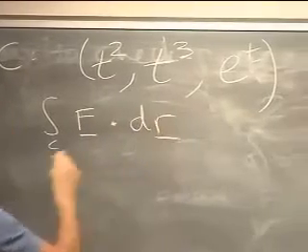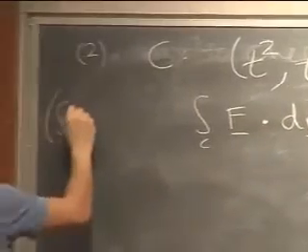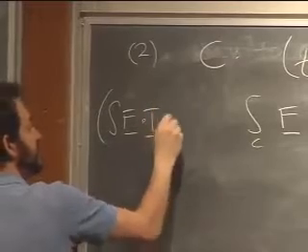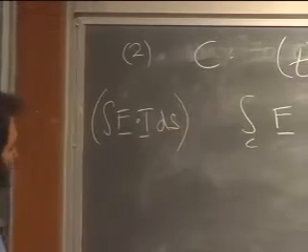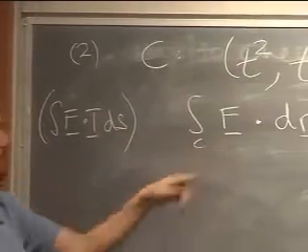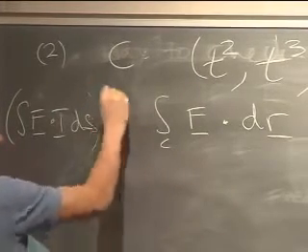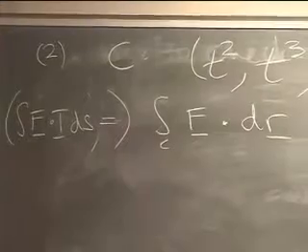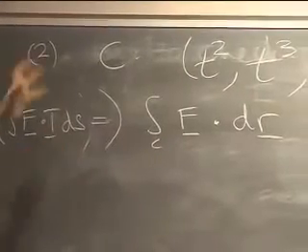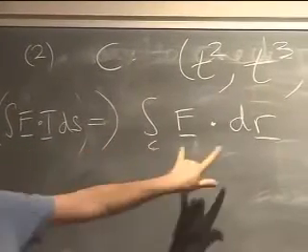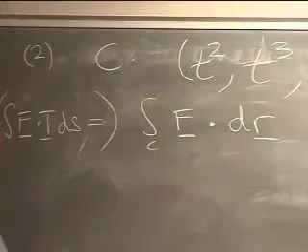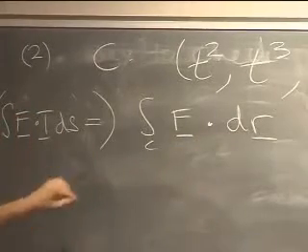Actually, the question said f dot T ds. But from what I said, this is actually the same thing as this. That's an alternative notation where T is the unit tangent vector. So just be aware that if you see that, this is what we're using more commonly, but that's possible as an alternative notation.